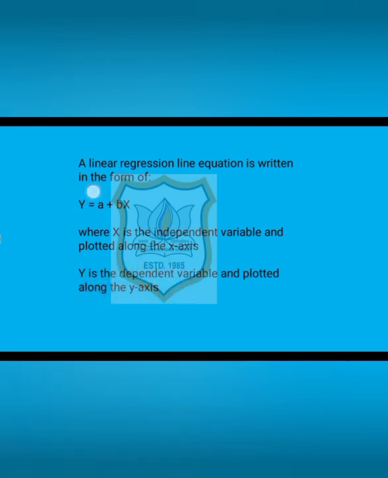Now a and b are constants, and the values of a and b we can obtain by algebraic methods. Now let us see the formula for the constants a and b.